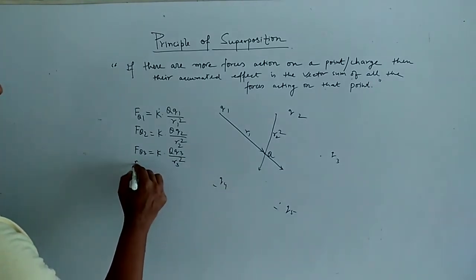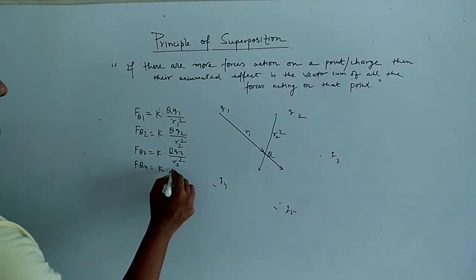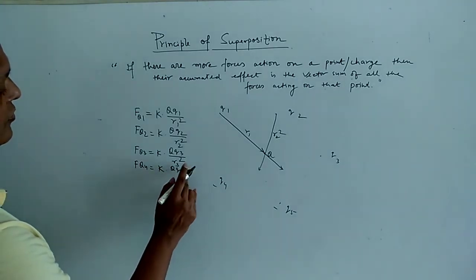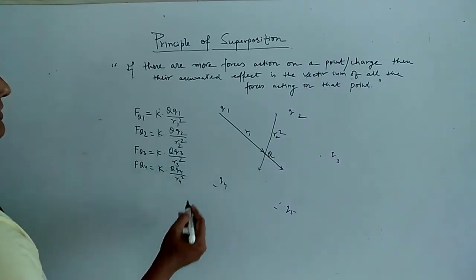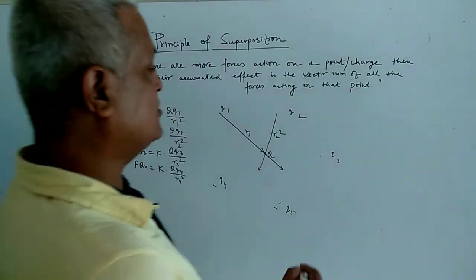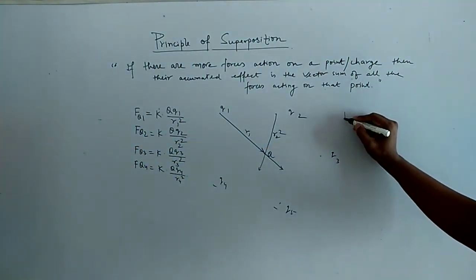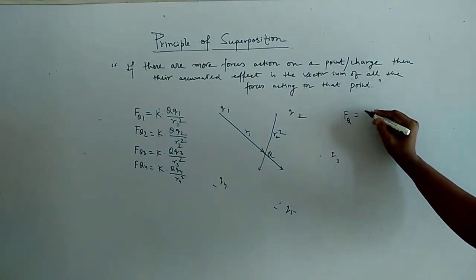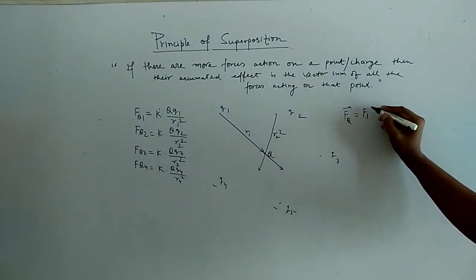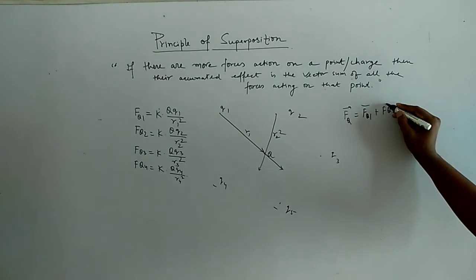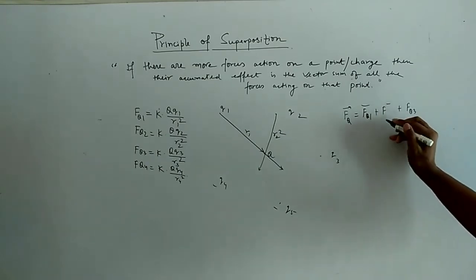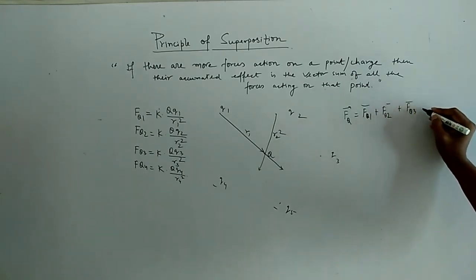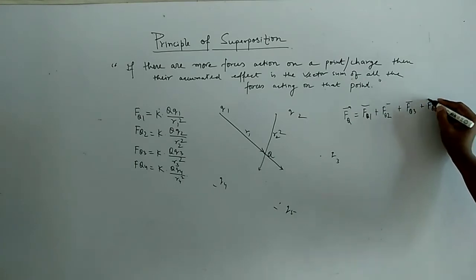Now for Q4, the force on Q due to this charge is K times Q4 upon R4 square. And then I'll find the overall force, because there are so many. Since all these are vector quantities, the force on Q is F Q1 plus F Q2 plus F Q3, and so on.